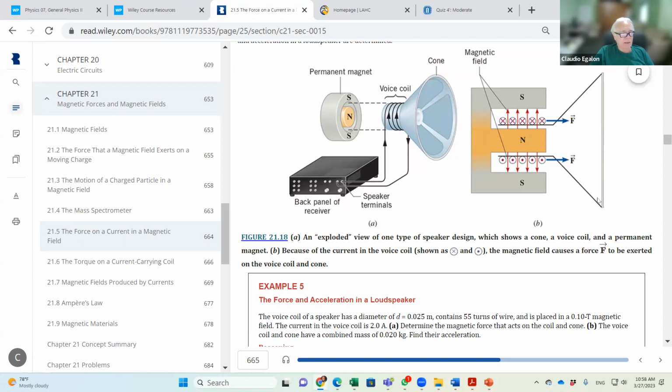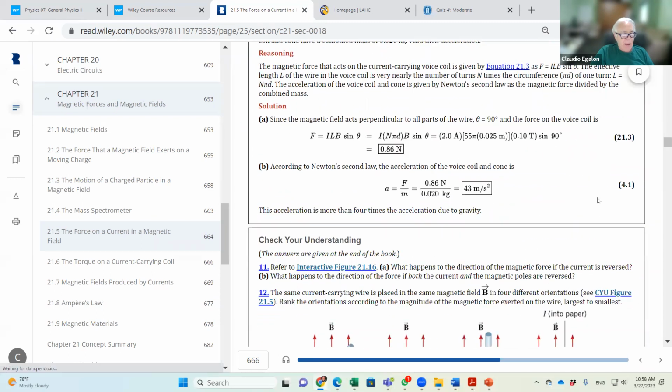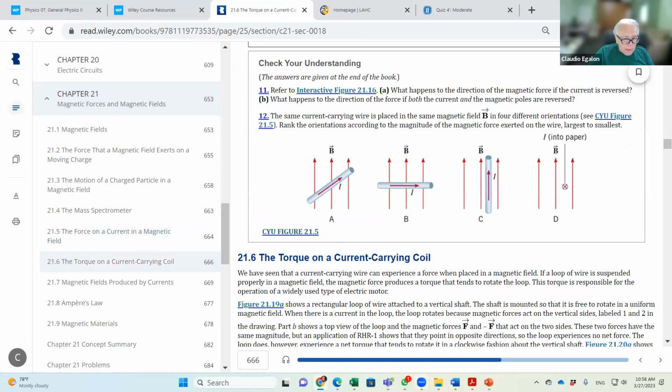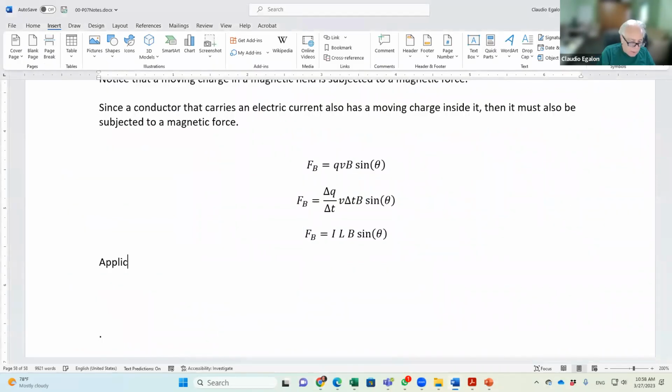That's the whole idea of the speaker. The speaker uses the magnetic force to produce sound waves. Let's take a look at applications of the above equation.